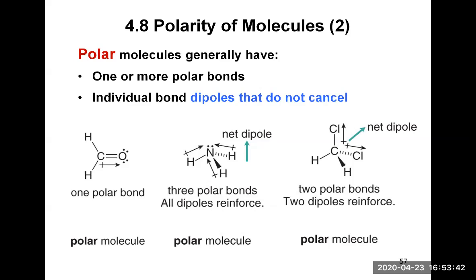And so they do not cancel. They add up into a net dipole that is in between the two chlorines, coming from the carbon and going in between the two chlorines. So that's the direction of the net dipole for this polar molecule.